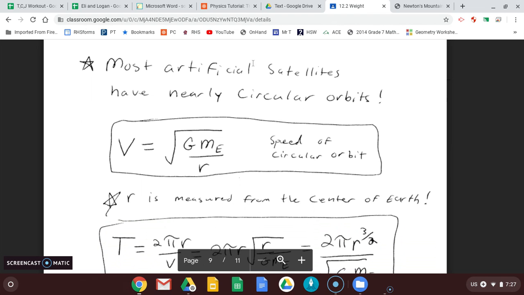Now, in the interactive I gave you guys, the main point of it was looking at a feature of an orbit called the eccentricity. If you haven't completed that, you might want to do that. Most orbits of planets around stars and such are elliptical, or at least a little bit of an ellipse, some a lot.